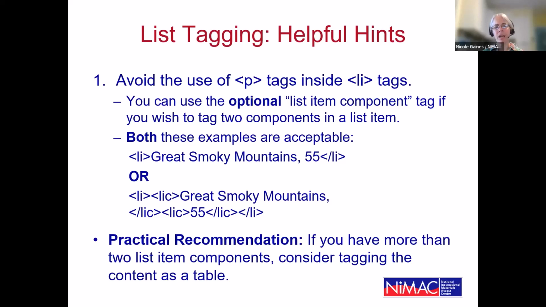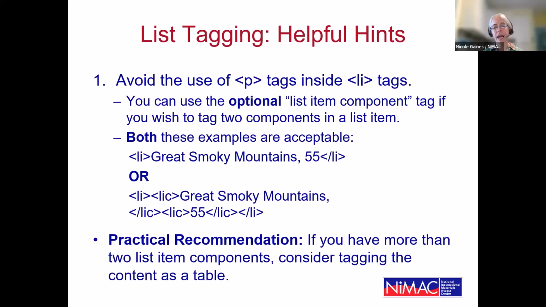For example, we have a list item below for Great Smoky Mountains, page 55, that's like from an index. You can use the list item component, which is an optional full DAISY tag for those components of a list item, but you don't need to use paragraph tags. Paragraph tags, especially if there's only one list item component, don't really add any value.